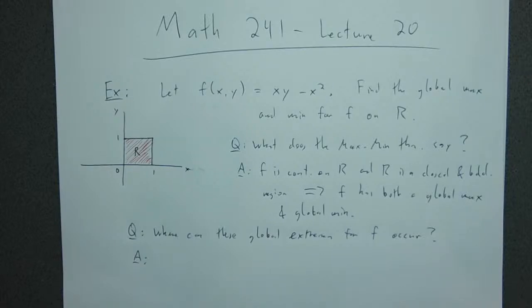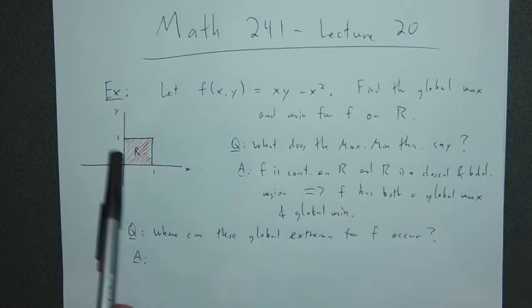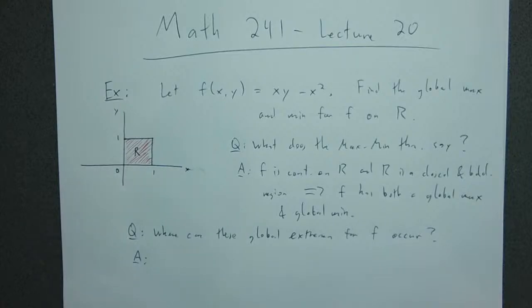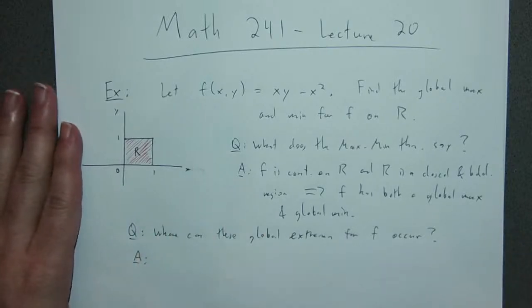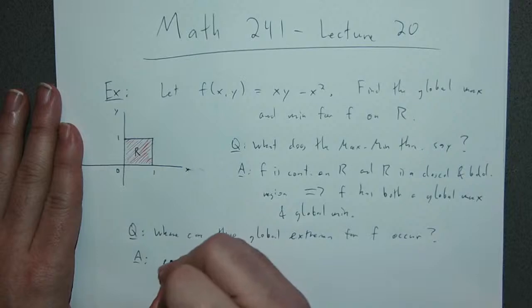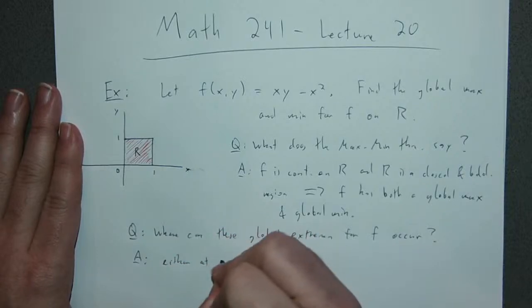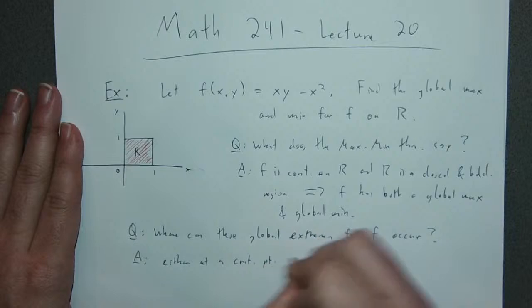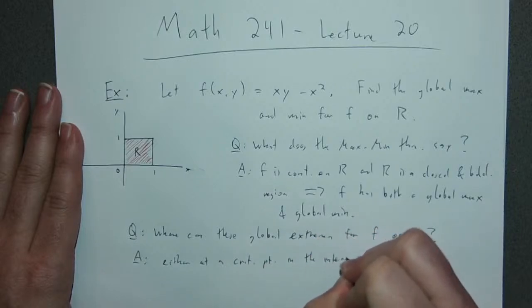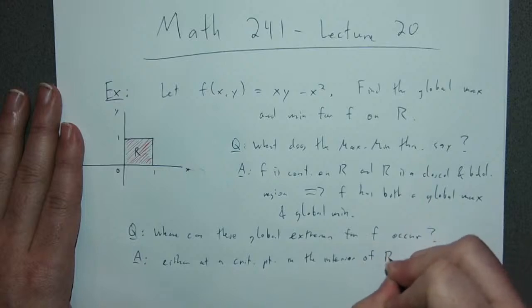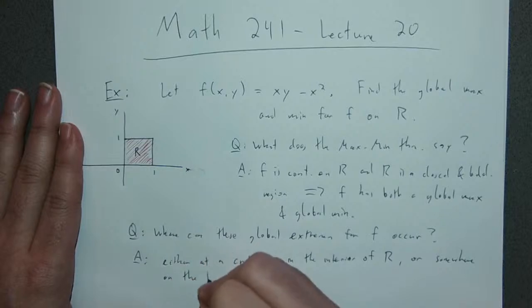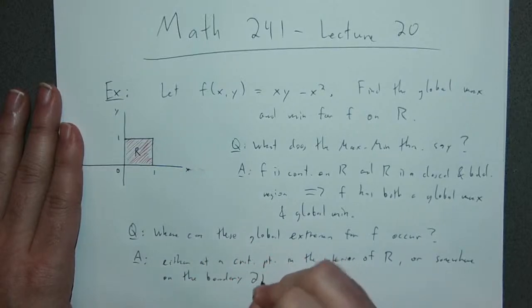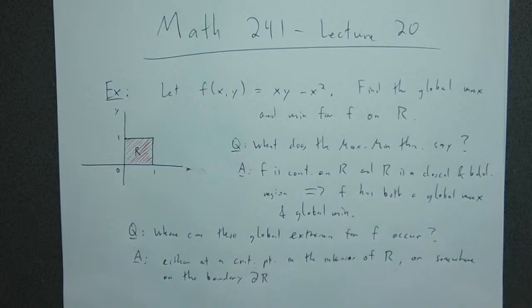As I said last time, a global max or min happens at a relative extreme value in the interior or on the boundary, but I can make an easier statement and just say it's going to happen at some critical point in the interior or somewhere on the boundary, del R.